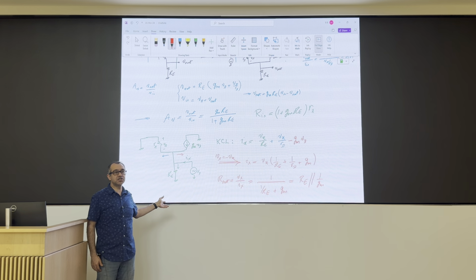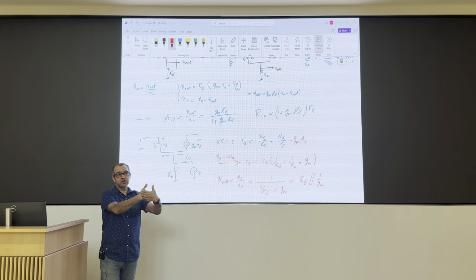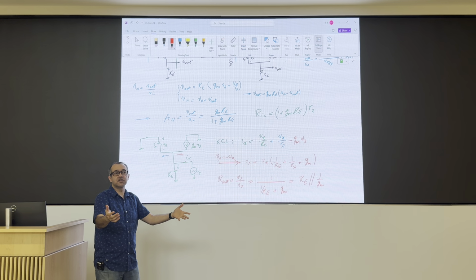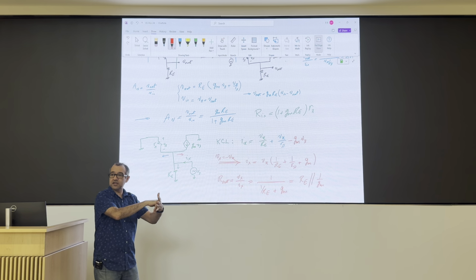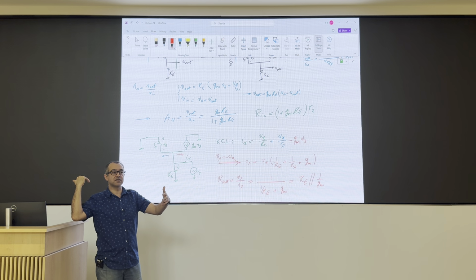This is a stage you usually see just before the load. Just before the load, you have a motor, a speaker, something that needs a lot of current. You want something that gives you a lot of current but has small output resistance. You don't really care about the voltage gain anymore, because all the voltage gain usually comes from the earlier stages.